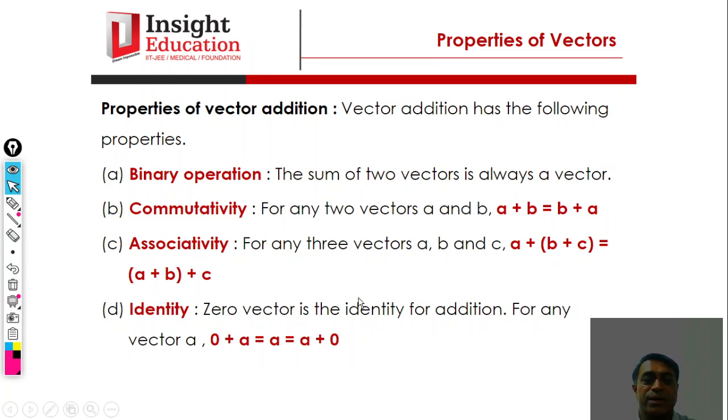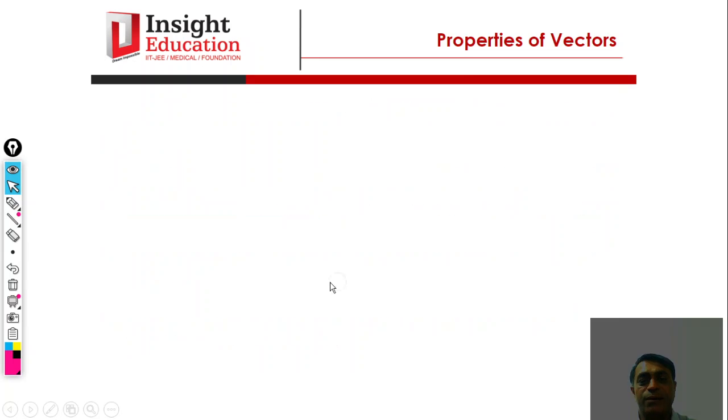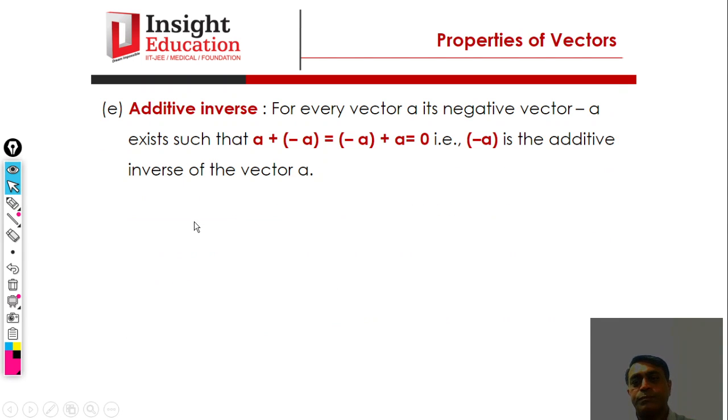Identity: the zero vector is the identity of addition. If I add 0 to any vector, it doesn't make any difference. Additive inverse: if I add a and negative of a, you will get 0. So minus a is called the additive inverse of a.